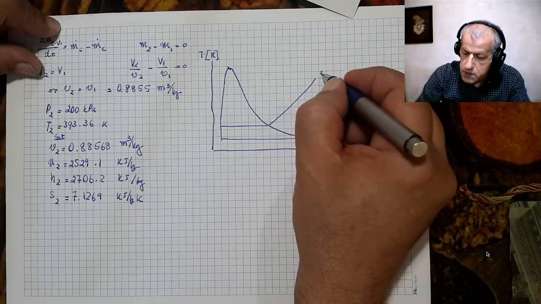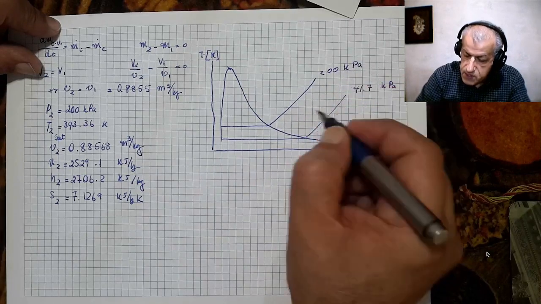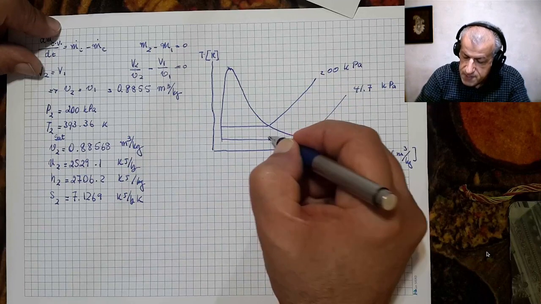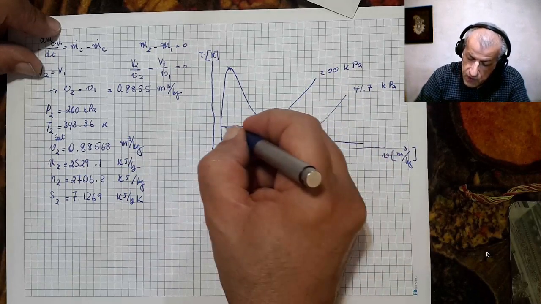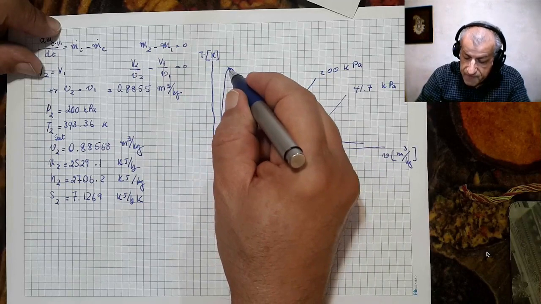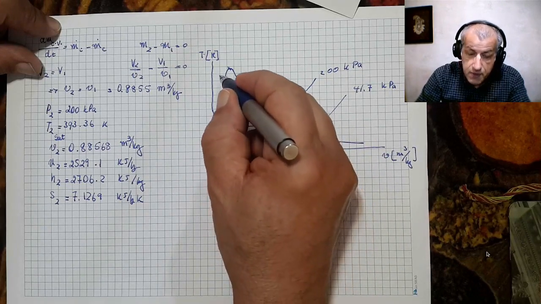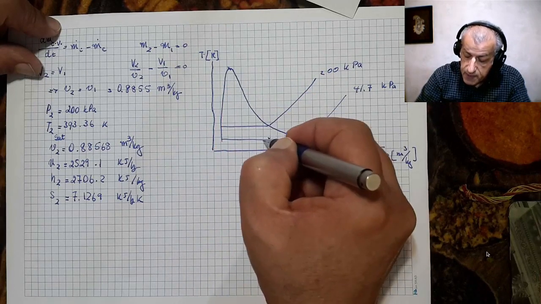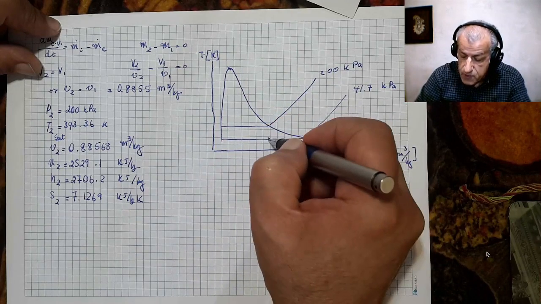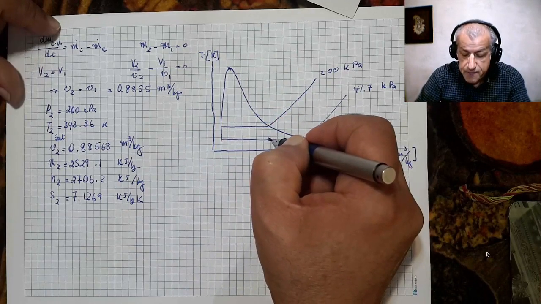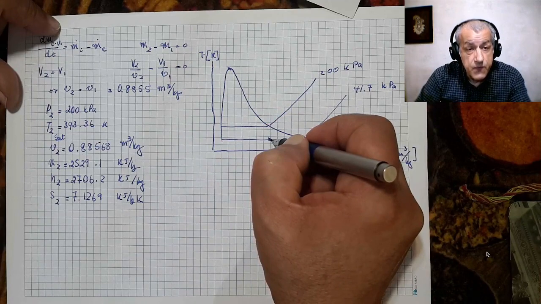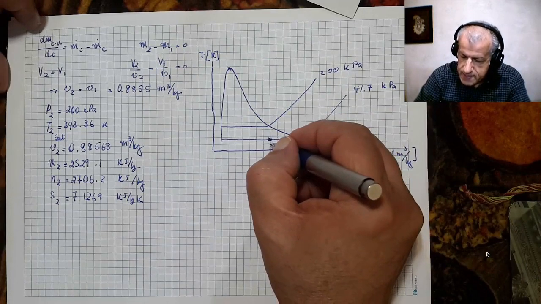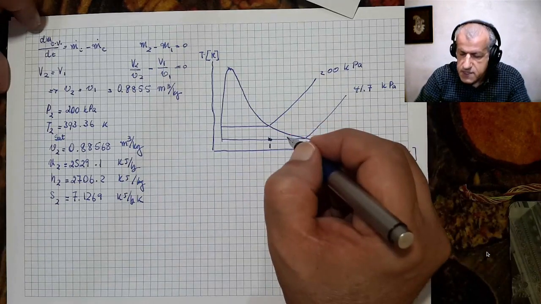Here, this is 200 kilopascals, and strange enough, if we draw it, our initial point would be here. It means that this point should still be far to the left, and in fact, this curve should be almost vertical and come down very fast. So this point doesn't represent an x of 0.23, but that's it. It's difficult to draw the process easily.